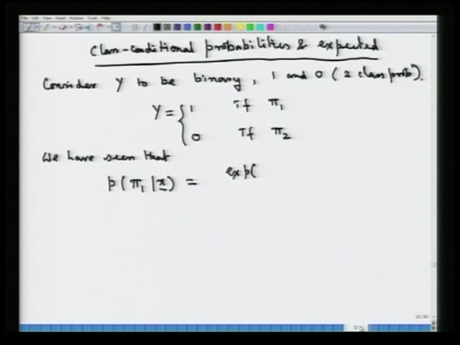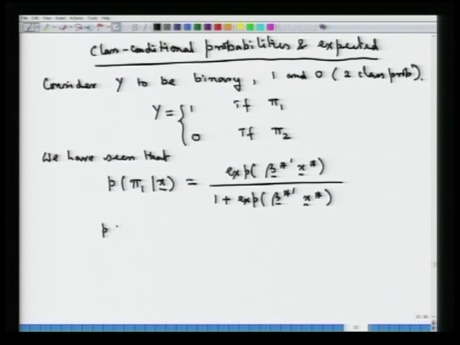So, let us use those expressions and write this as e to the power beta star prime x star vector, divided by 1 plus e to the power beta star prime x star vector.